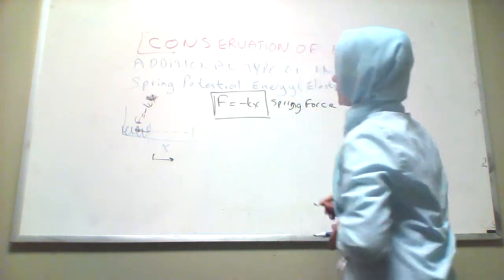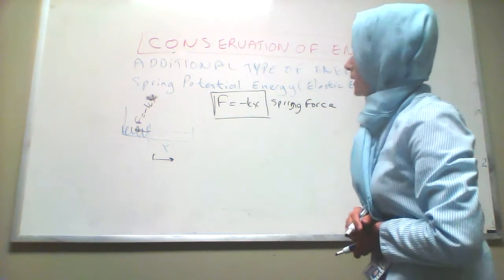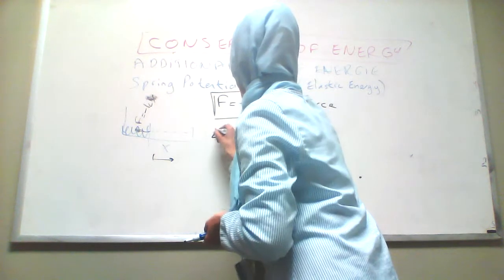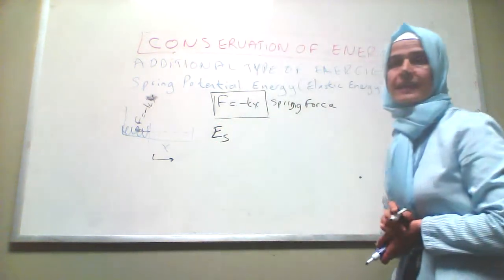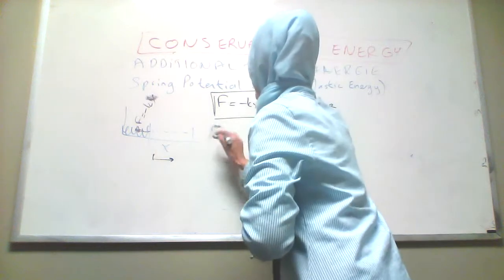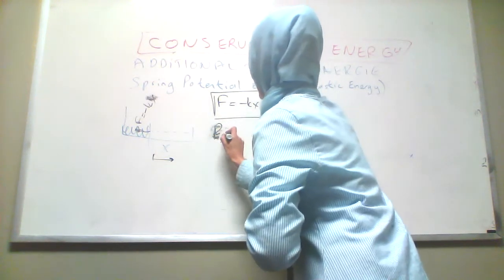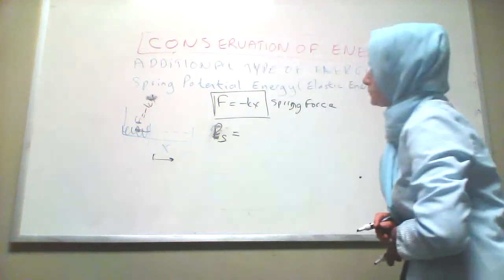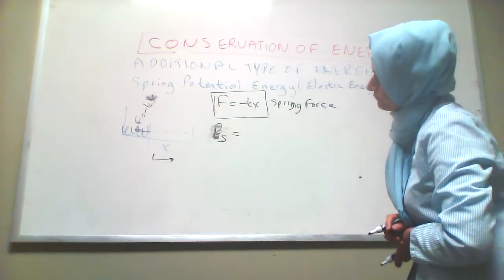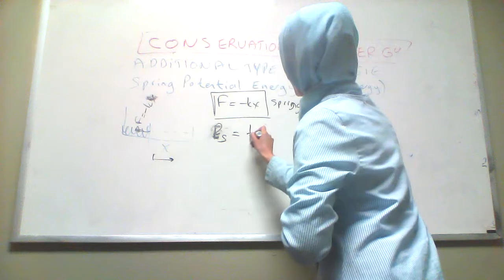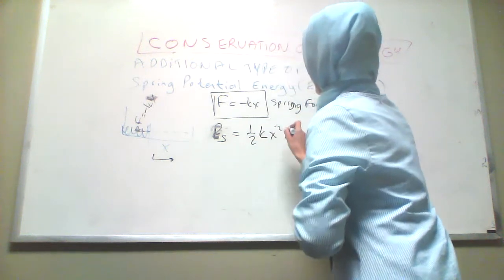This is also called Hooke's law actually. And the energy will be called spring potential energy, or ES, or PES would be better maybe. Potential energy, let me call it PS, is equal to 1/2 kx squared.